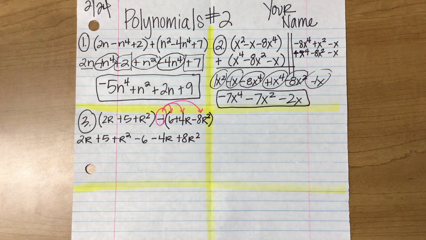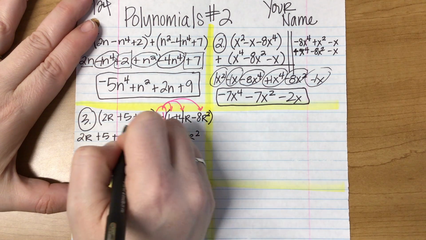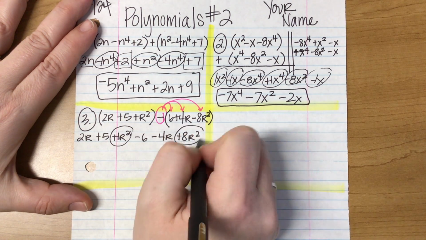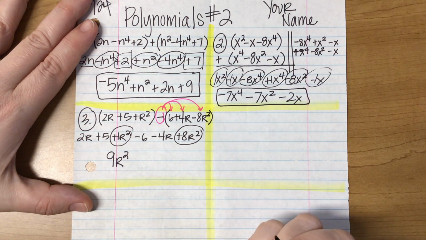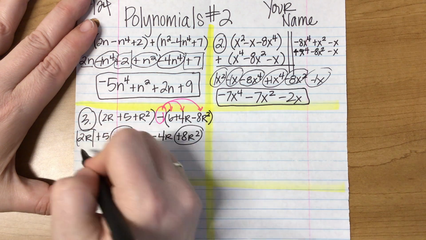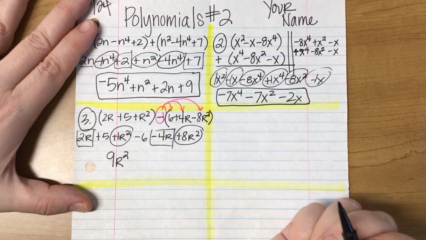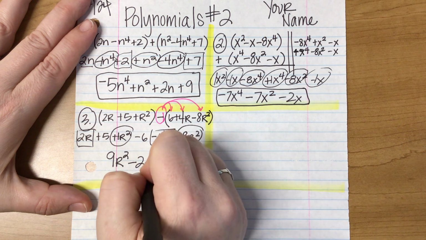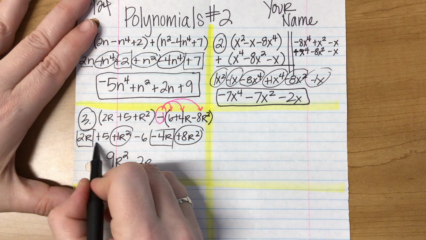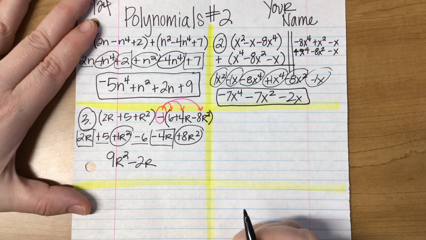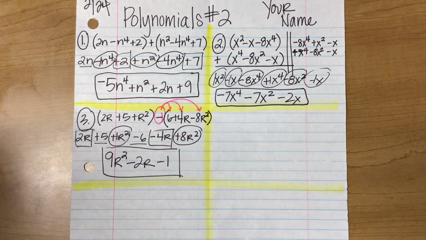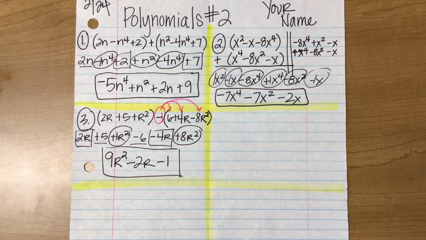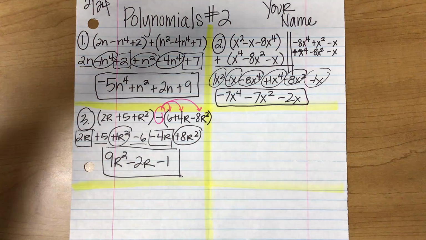And then I go through and combine my like terms. 1r squared plus 8r squared is 9r squared. 2r minus 4r is negative 2r. And 5 minus 6 is negative 1. Boom. Nailed it. Did it. I just subtracted that first trinomial minus the second trinomial.